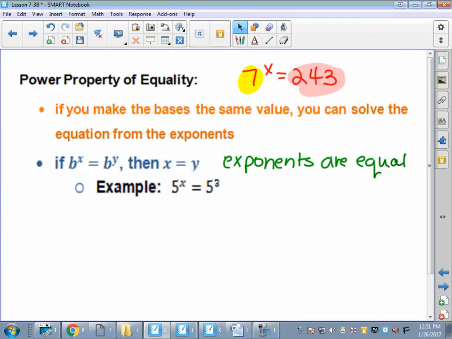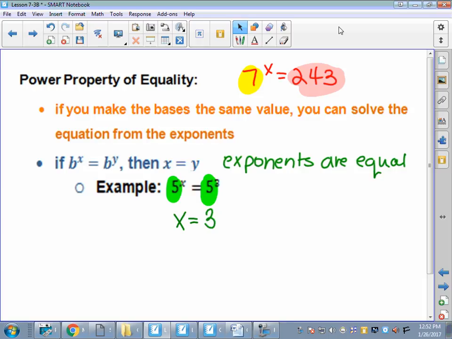If I've got 5 to the x equals 5 to the third power, first thing we're going to check, do the bases have the same value? What's my base on the left-hand side of the equation, 5 to the x power? Just a 5, right? What's my base on the other side? Just a 5. Since my bases are the same thing, I know that my exponents are equal, which means that x must be equal to 3.